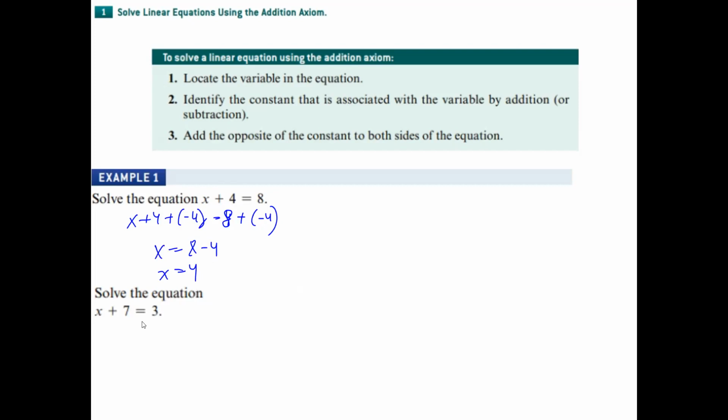Okay, do this one. X equals what? What I... 4, right? So what we just did, well, minus 4. We skipped all these steps. Technical steps will look like that.